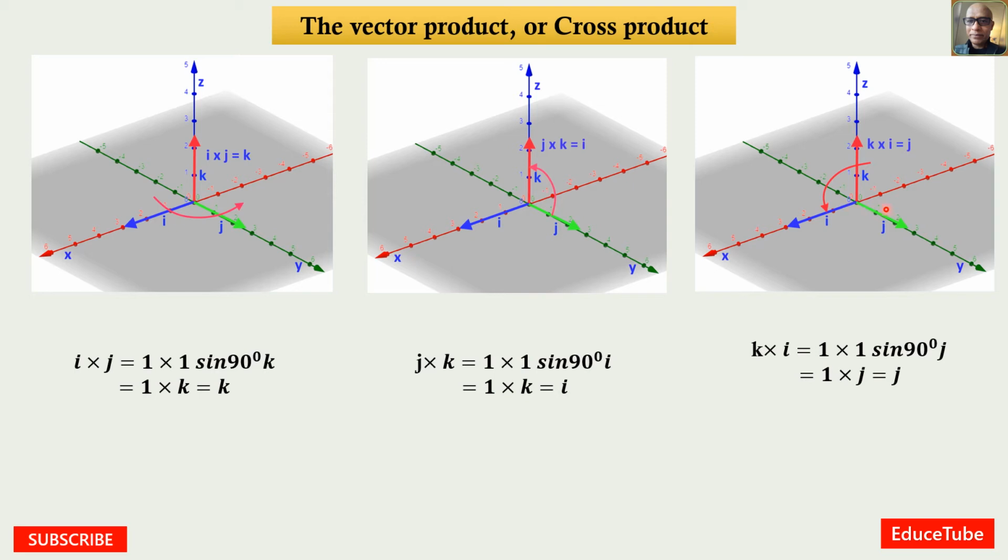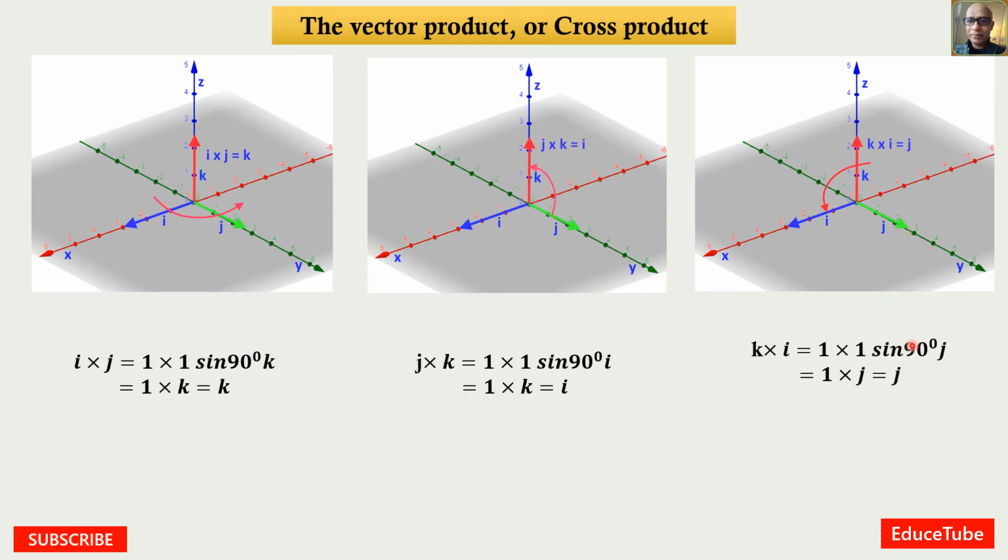Look at the diagram, then you will see, if it is the z and x plane, and here k cross i, then 1 into 1 sine 90, and the unit vector will be perpendicular, because in all previous slides we discussed the unit vector was always perpendicular, either upward or downward.